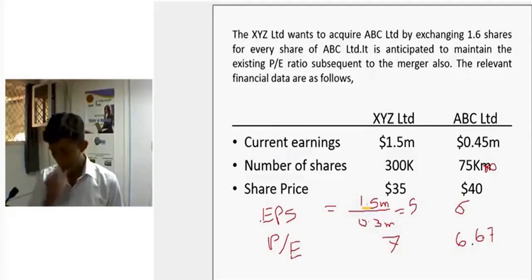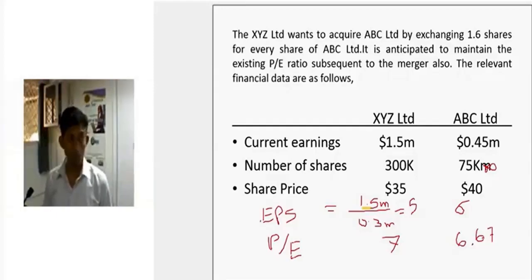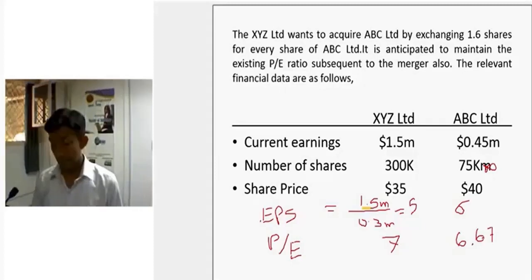So what they say is, when the merger actually happened, the PE of XYZ is assumed to be continuing even in the future, even in the new firm, at the post-merger situation, they are going to continue as the same anticipated PE of 7. That's what it says. All right.